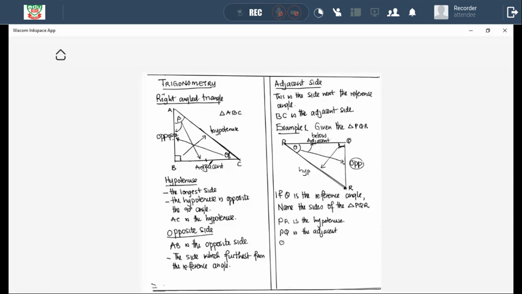Then QR is the opposite, the one furthest from the reference angle. Okay, so this is the opposite side, and that is the adjacent side. Now this is how you name the sides of the right-angled triangle.